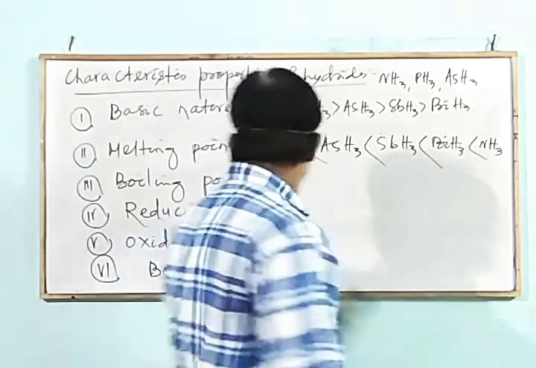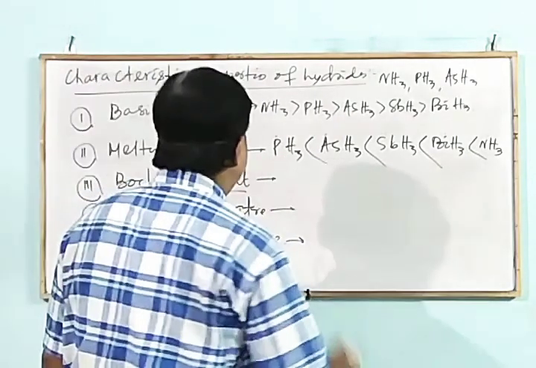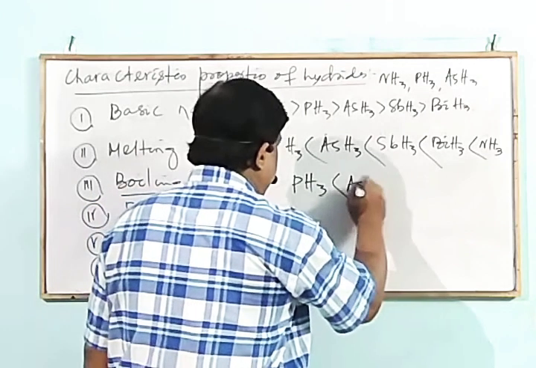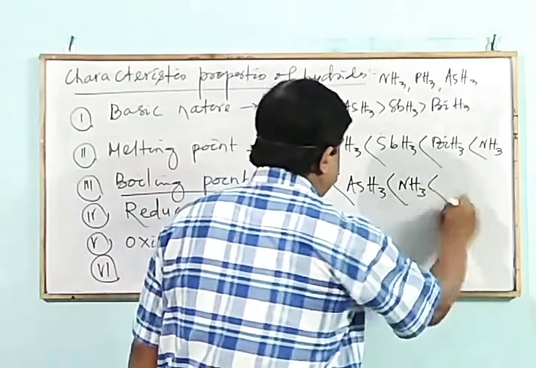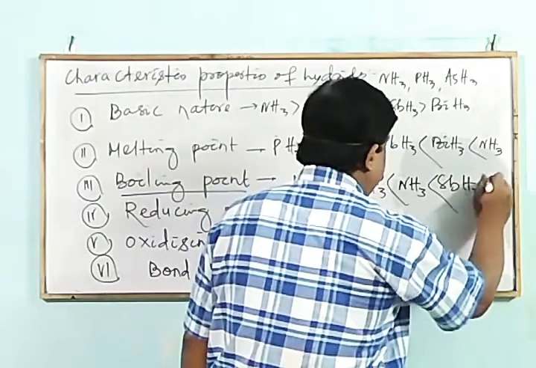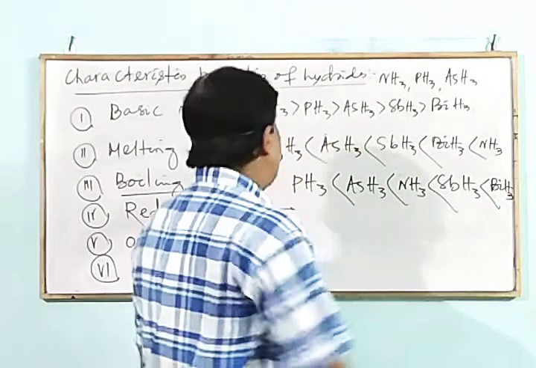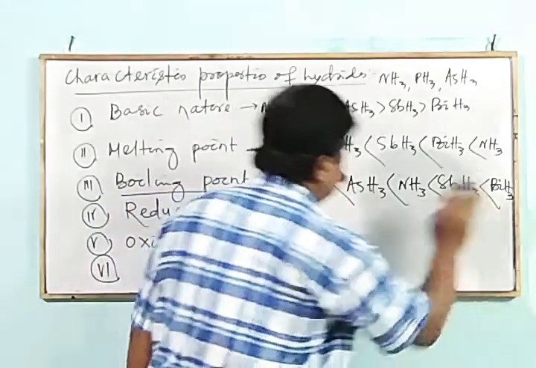Next is boiling point. The boiling point also changes as PH3, AsH3, SbH3 and BiH3. That means boiling point increases regularly from phosphine to bismuth.